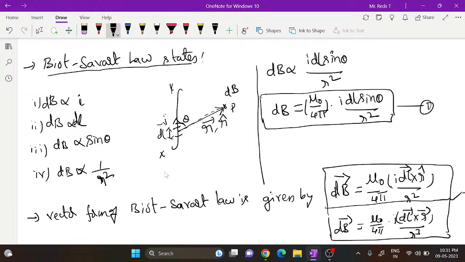Here we come across one small point called current element. The product of current and the length of the small element is called a current element. It will have a direction, so we represent it as I dl vector. Current element is a vector whose direction is along the direction of current. Keep this in mind as an additional point.